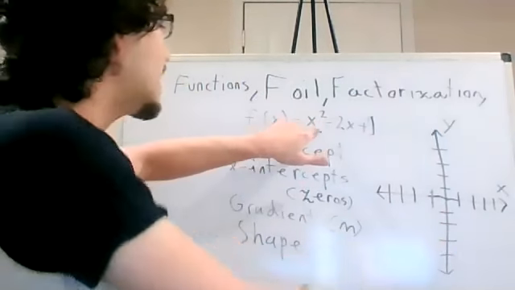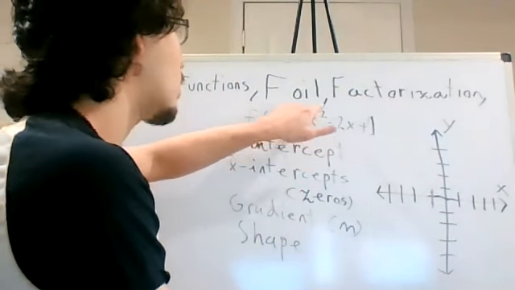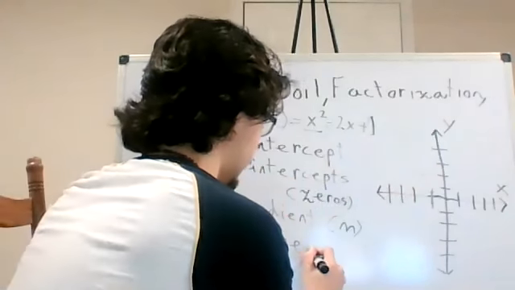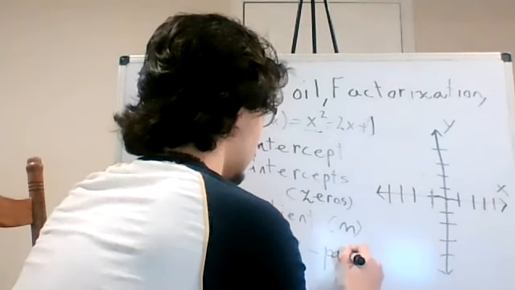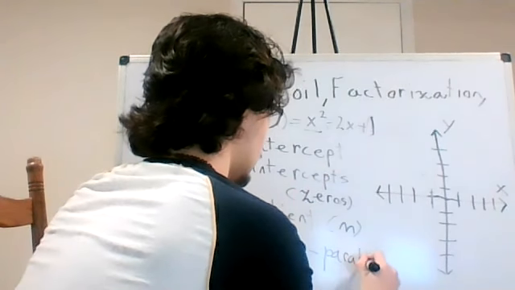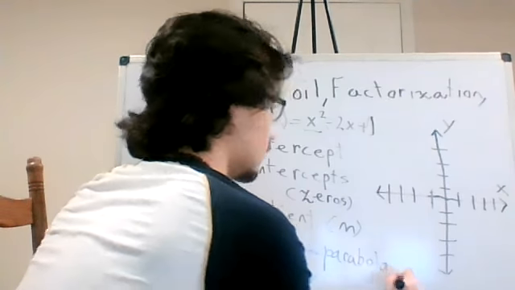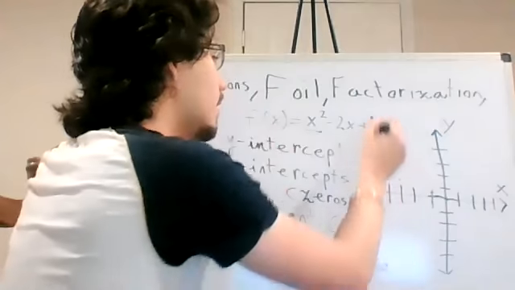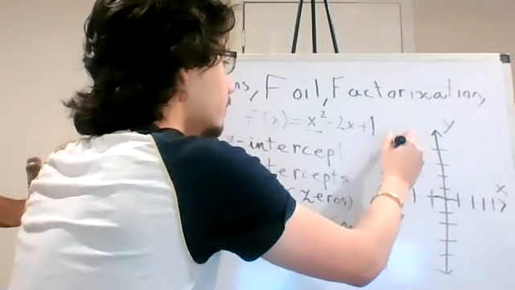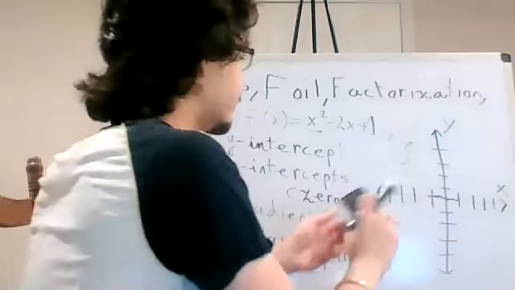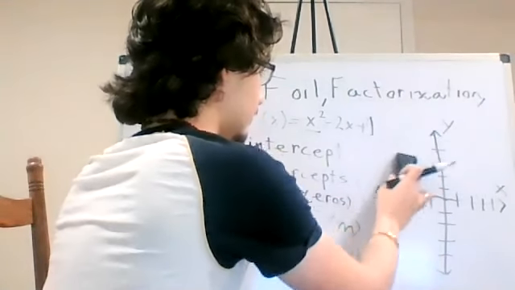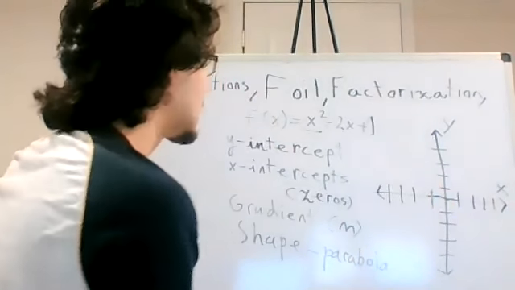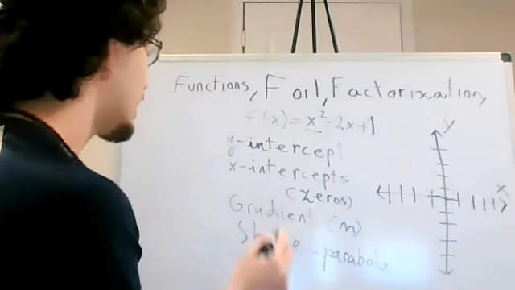We know that because the leading term is x to the power of 2, this should be a parabola. If you remember, a parabola is what we went over last time, the U shape.